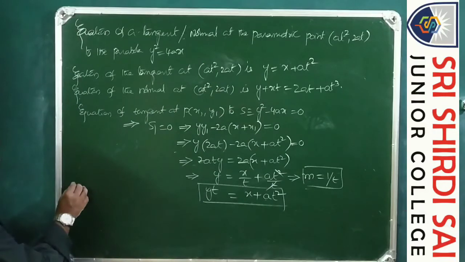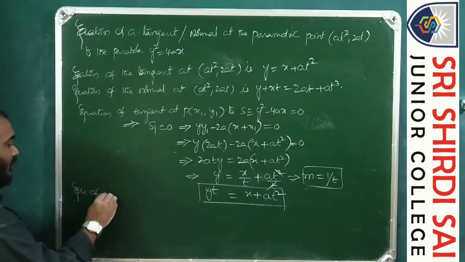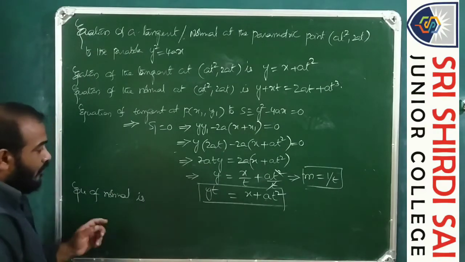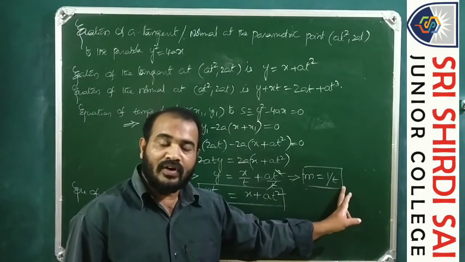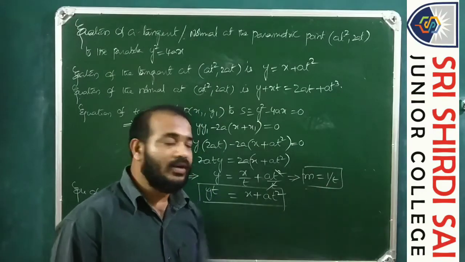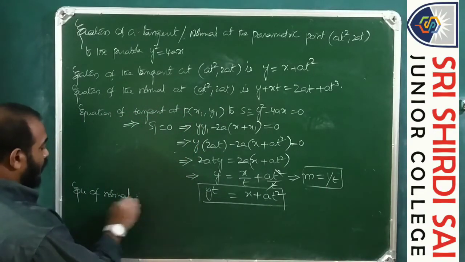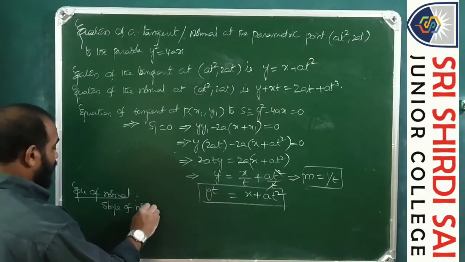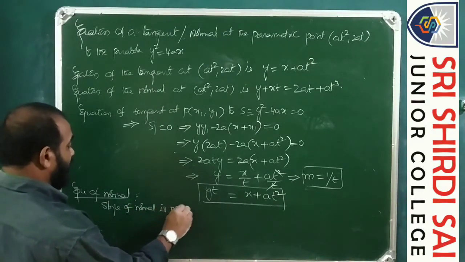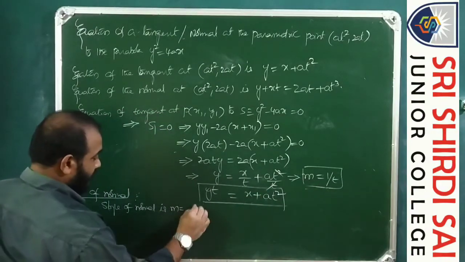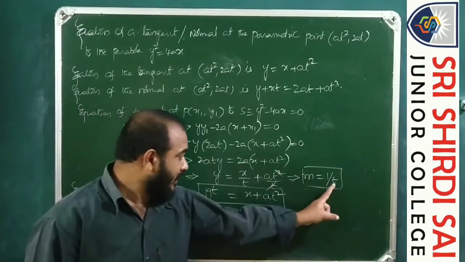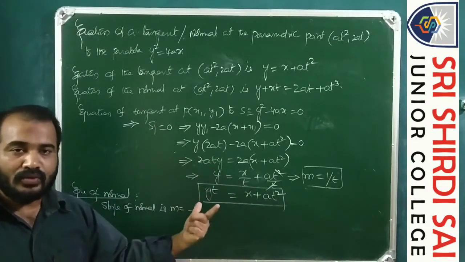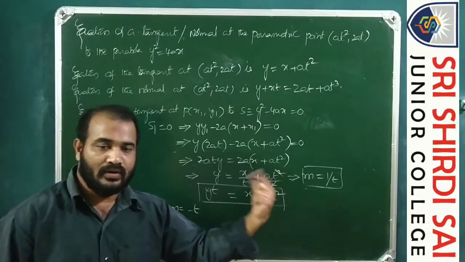Now, the equation of normal: m equals 1 by t is the slope of a tangent. What is the slope of a normal? Slope of normal is m equals minus t, because 1 by t into minus t equals minus 1. Tangent and normal are perpendicular to each other, and the product of their slopes is minus 1.